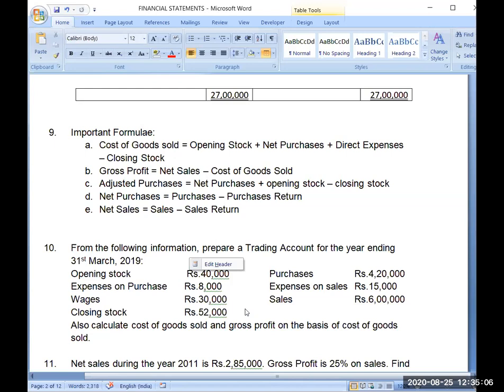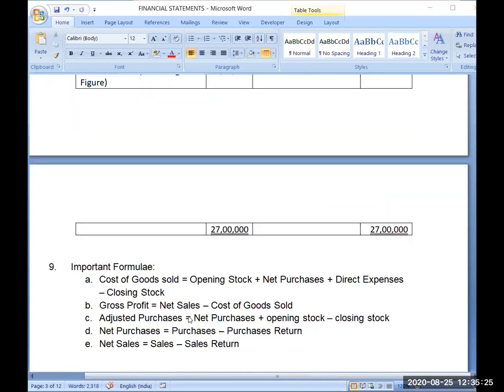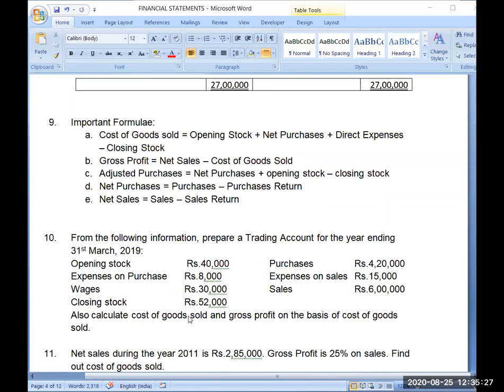Net purchases means purchase minus purchase return, which I have clearly told while preparing a trading account. And plus direct expenses, means carriage, transportation, whatever expenses you were writing in the trading account, these all are termed as direct expenses.